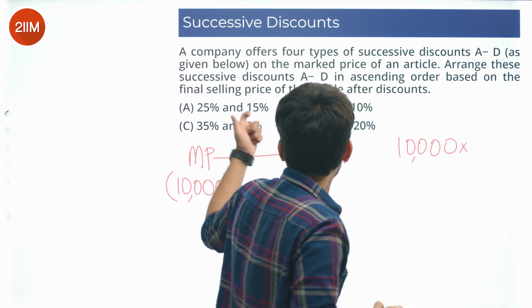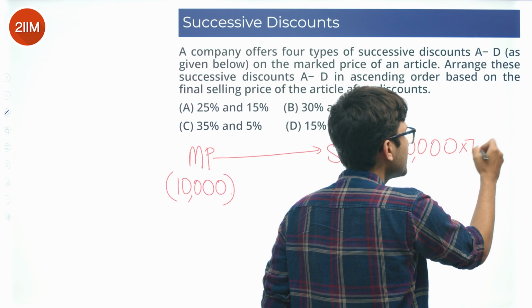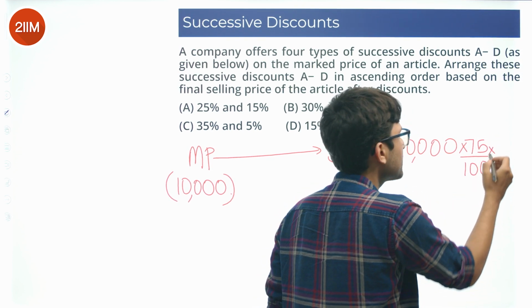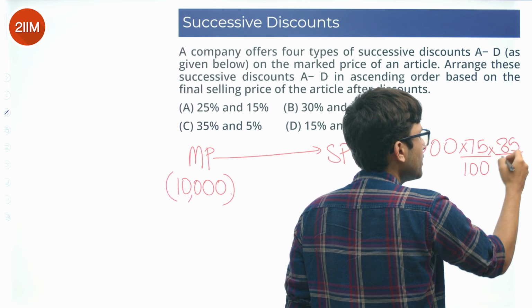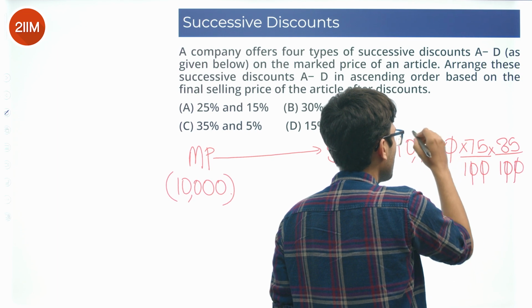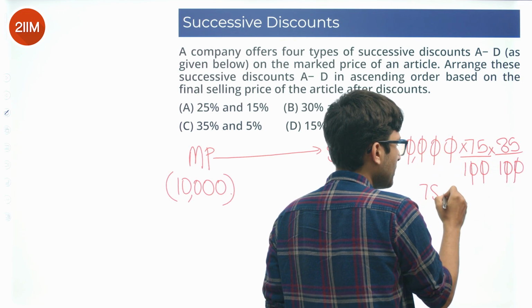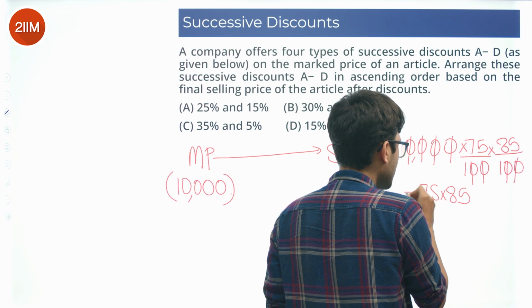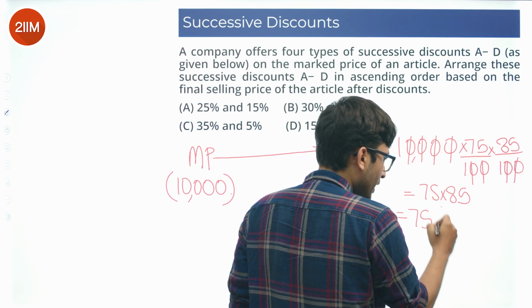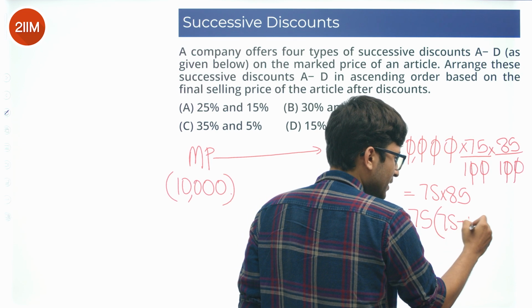Then 25%, so it would be 75% remaining, and then after that 15%, so 85. That means I would be getting 75 into 85 as my first value. To find the value, I can write 85 as 75 plus 10.